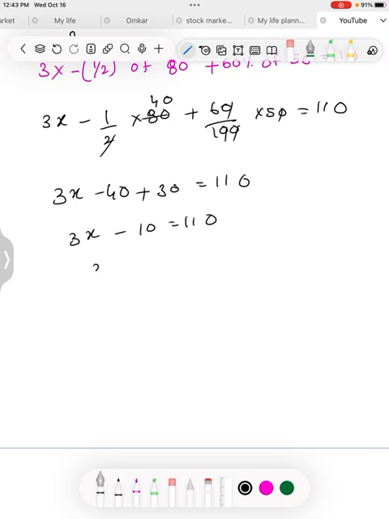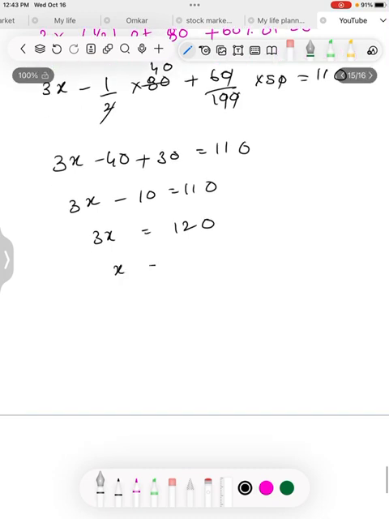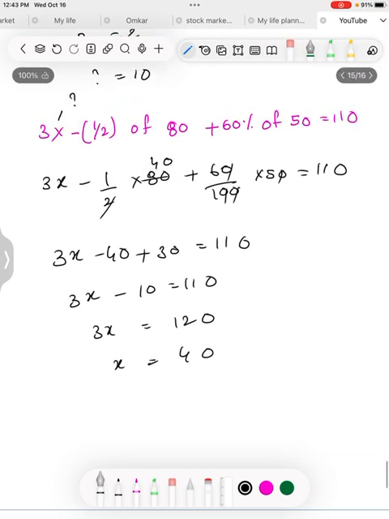So in this way you will get x, which is nothing but 40. So in this way you can solve the problem. Don't get confused. You can easily solve this problem in this way. The next question is not a small thing. You will be writing a lot of content over there. So let us see.